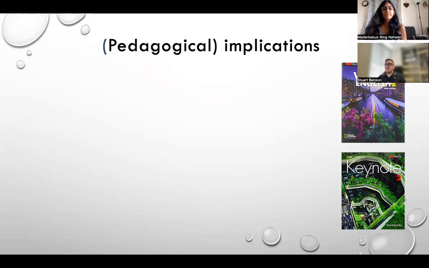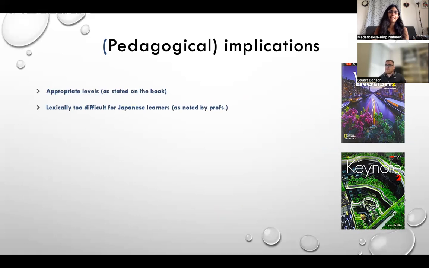So just to summarize the pedagogical implications from the commercial textbooks, we can see that the appropriate levels were in line with those stated on the textbook. World English was more of a pre-intermediate level and Keynote was more of an intermediate level. However, if we go to the actual classroom and think about the teaching context, we can see that these textbooks are too lexically demanding for Japanese learners.